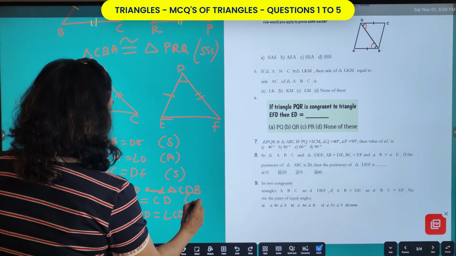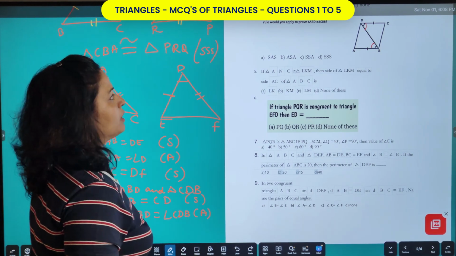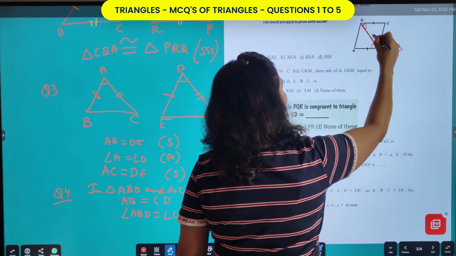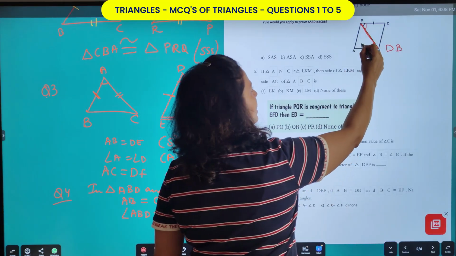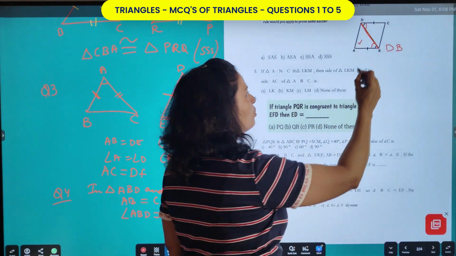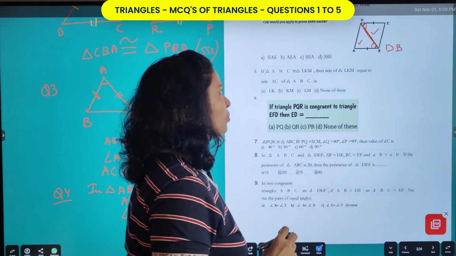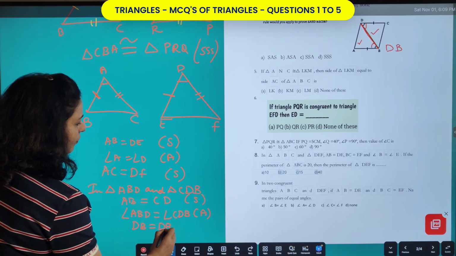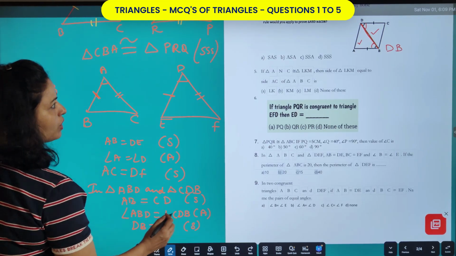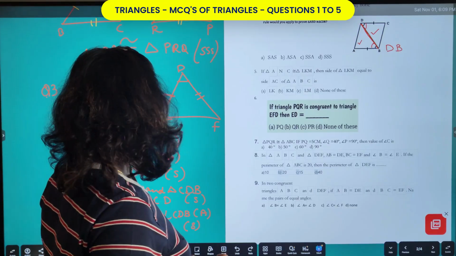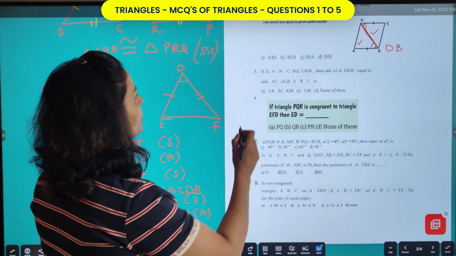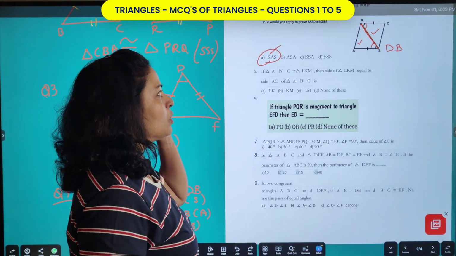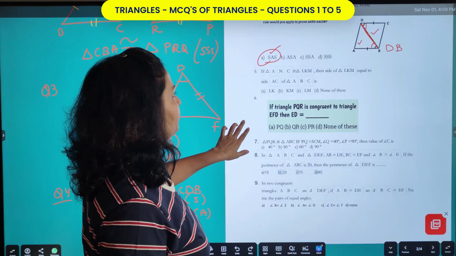So this is side, this is angle, and one more side. DB is the side which is common to both triangles. It belongs to triangle ADB and also to triangle CDB. So we can write DB is equal to DB, that is the third side. So which rule do we see? SAS, right? So they are congruent by SAS rule. So this is option A, SAS.